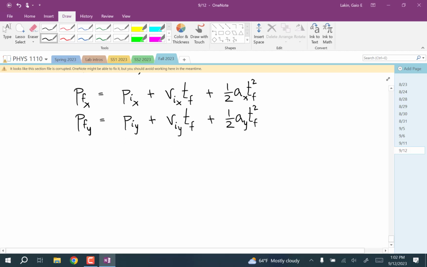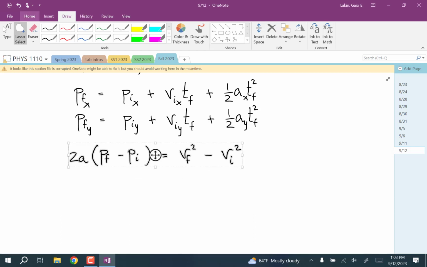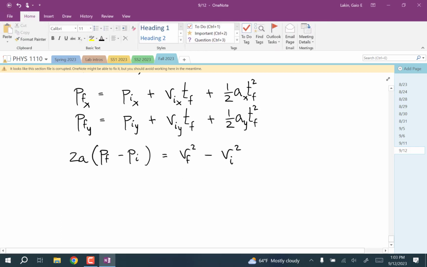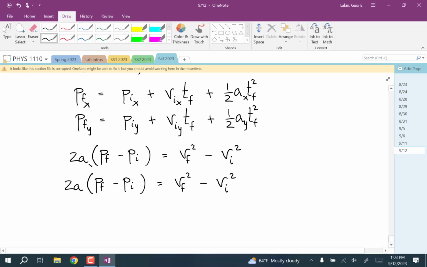And then the last one says 2a times the quantity PF minus PI is equal to VF squared minus VI squared. And we have one of these that has all x components. And one that has all y components.